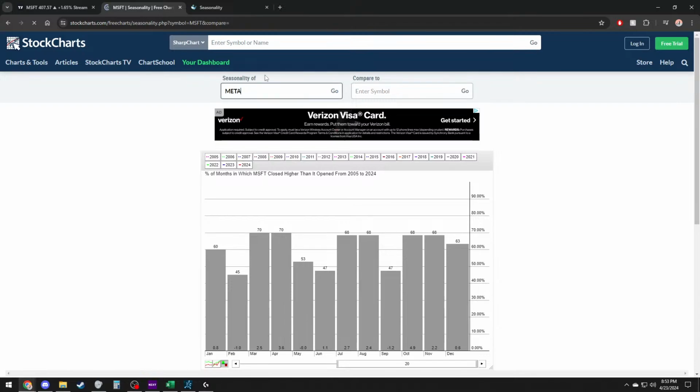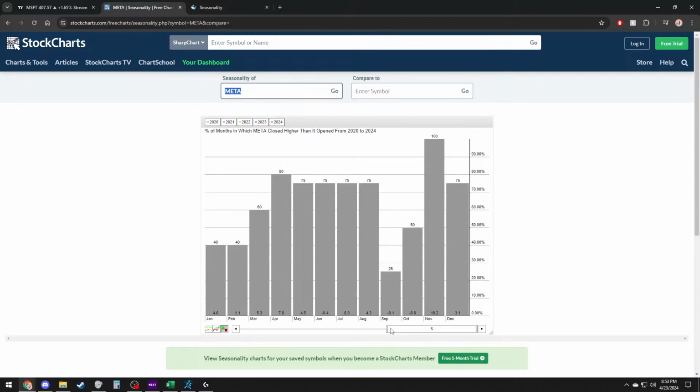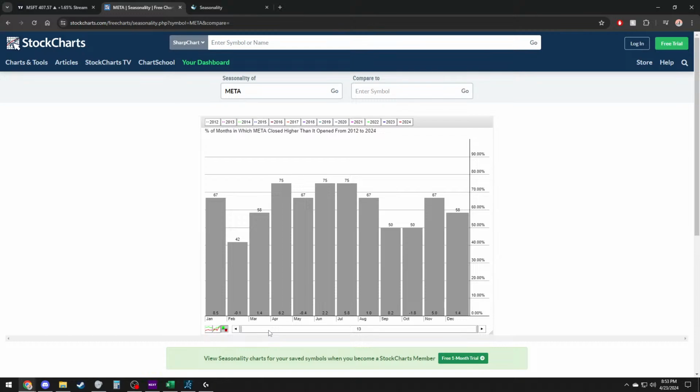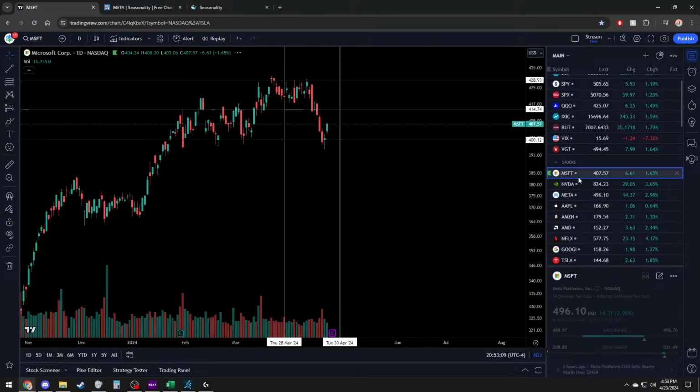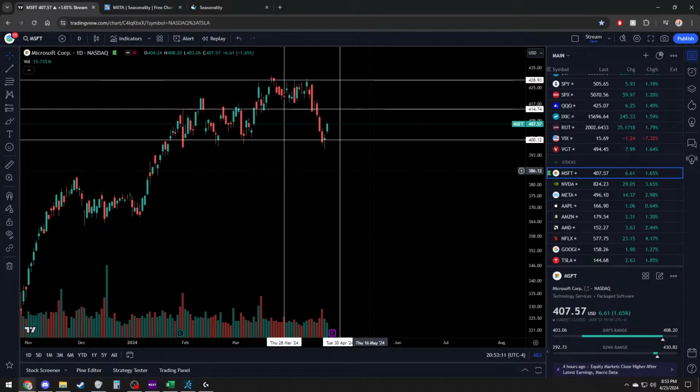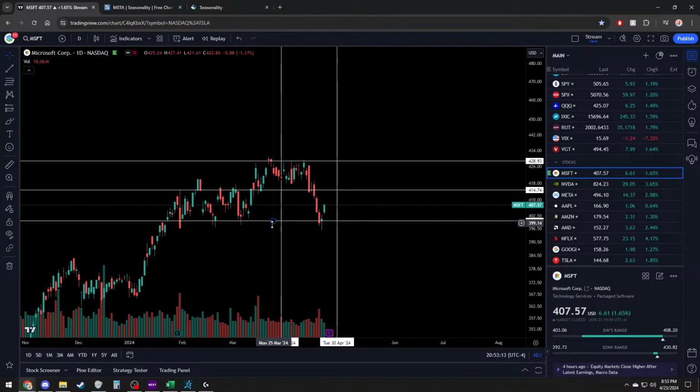I really should have gone with Meta. I was going to go with Meta, but I didn't. I went with Microsoft instead, and Meta's been performing a little bit better, but it is what it is.